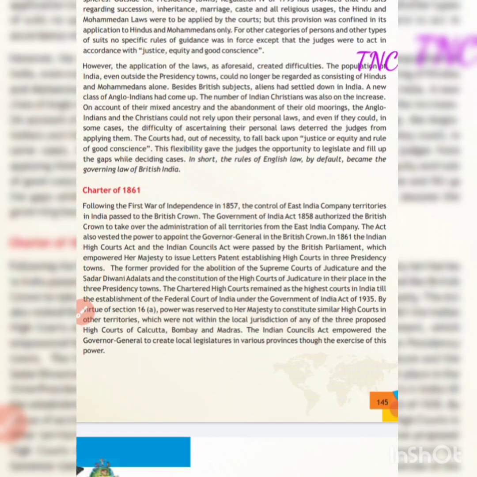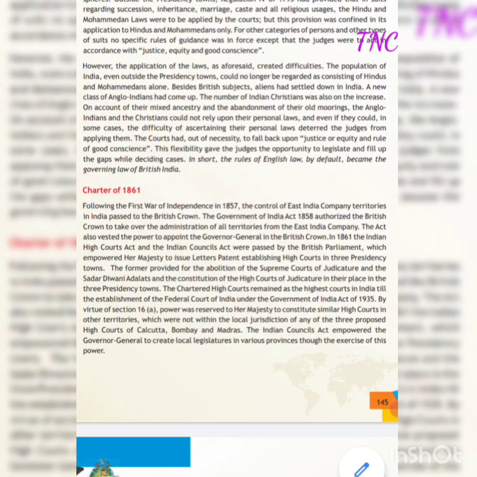So the British government decided that the East India Company would not be ruling India, but the British Crown, that is the British King, would directly rule the country, so that these kinds of wars can be avoided. The Government of India Act 1858 authorized the British Crown to take over the administration of all territories from the East India Company.